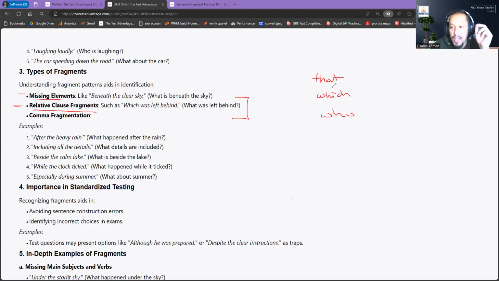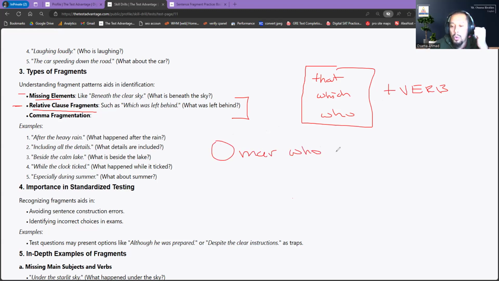You have to understand these pronouns must have a verb بعيد عن independent idea. So if I say, for example, Omar, who is cool. I'll ask you, Anas, is this a complete idea or a fragment?